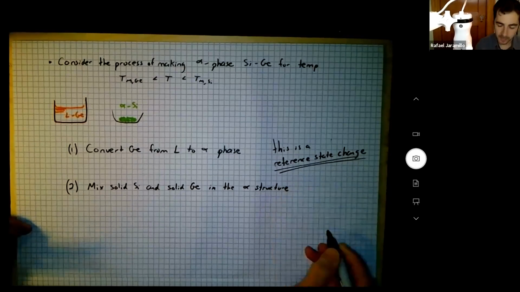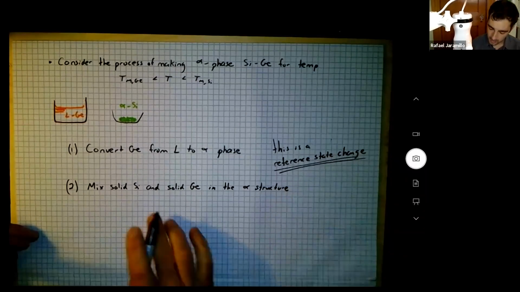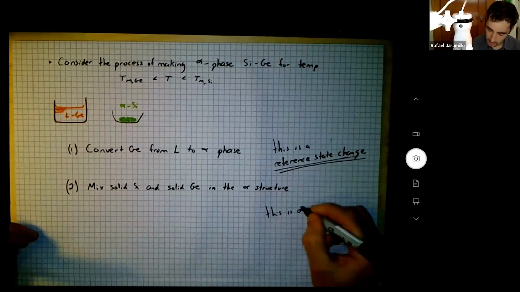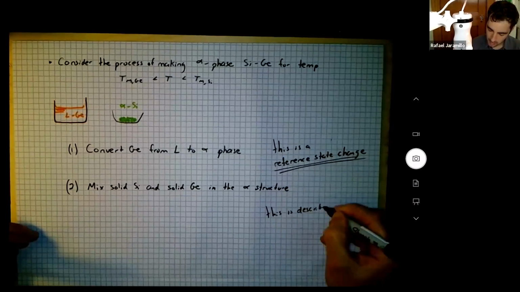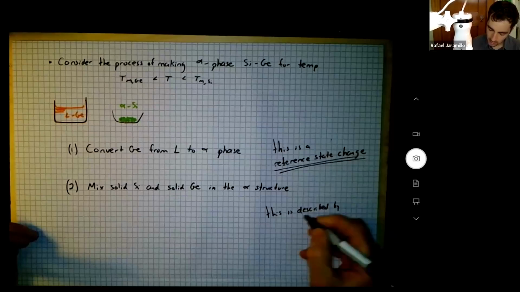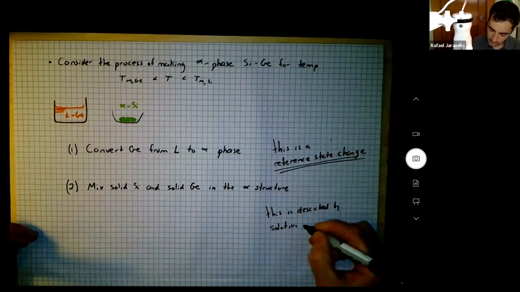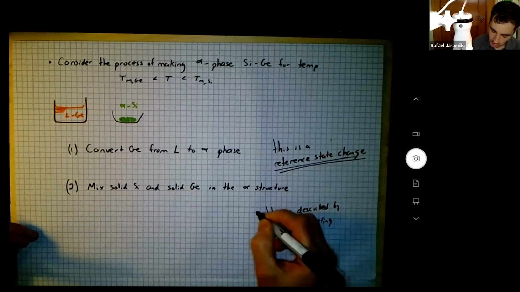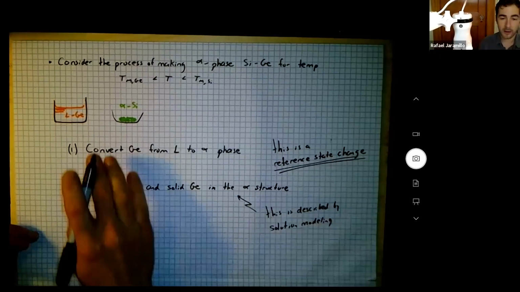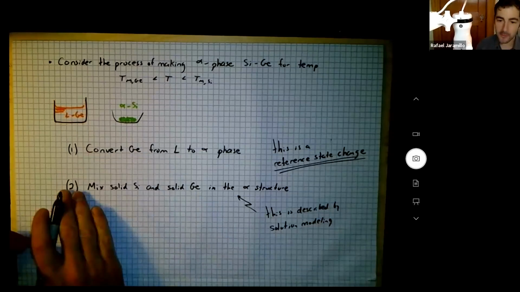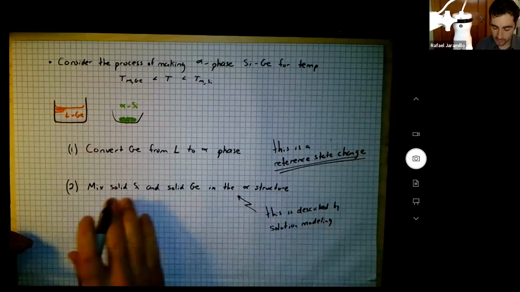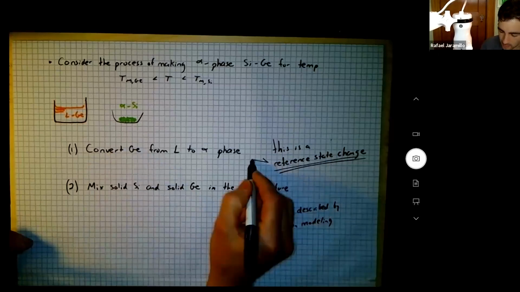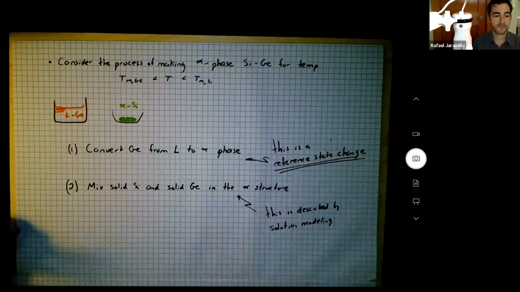This is described by solution modeling, which we have already spent some time with. So we have two conceptual steps here. The second step you're at least somewhat familiar with. The first step is new. Reference state change, this is new.